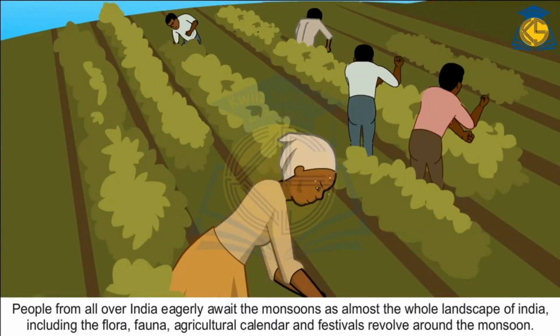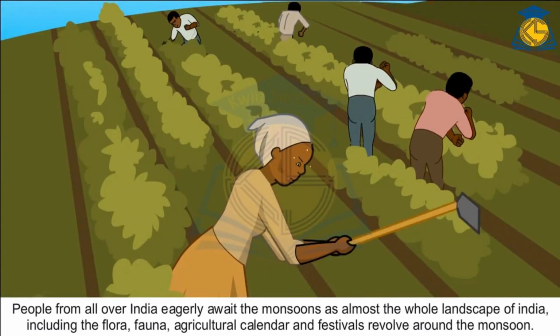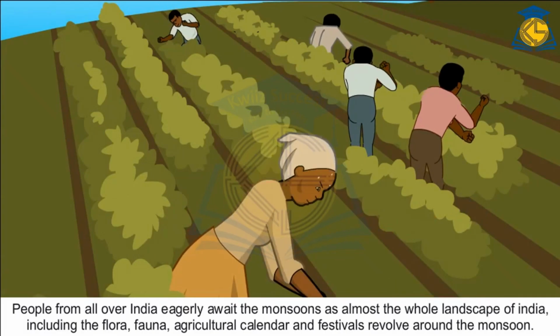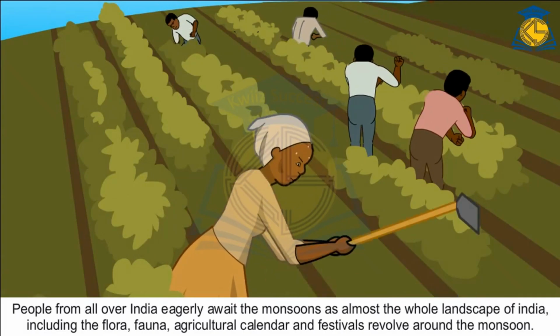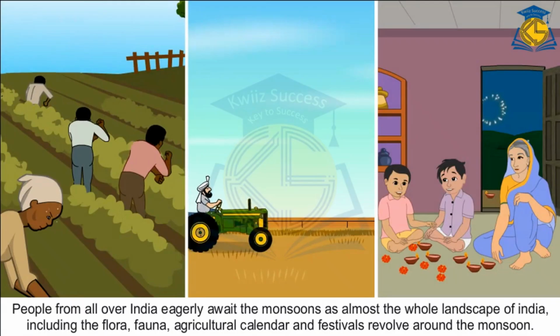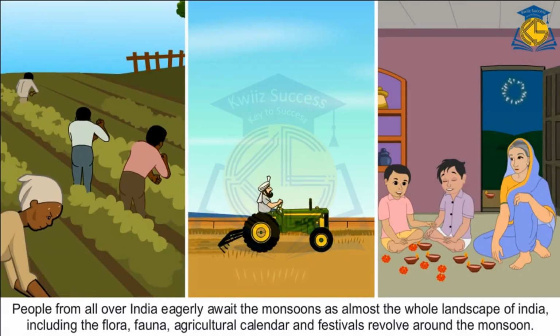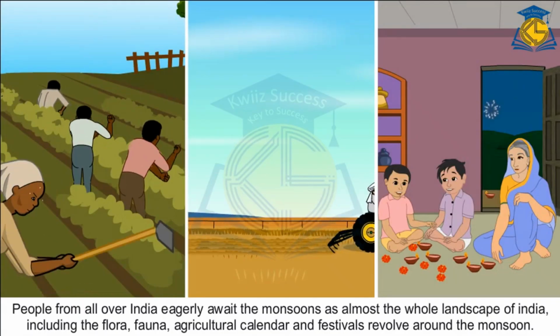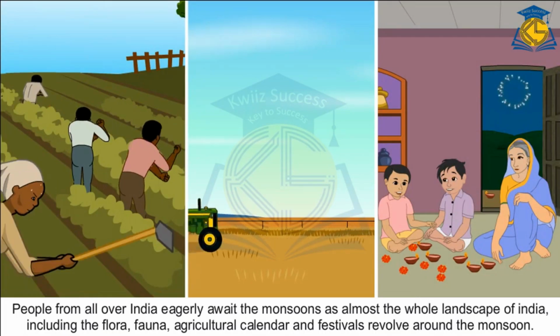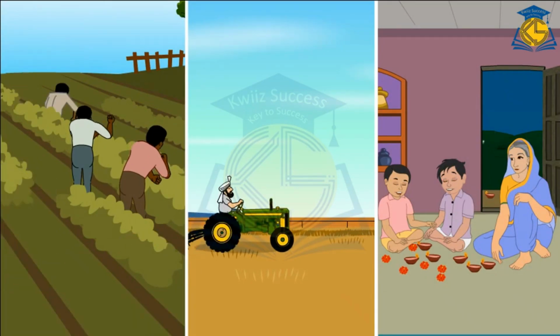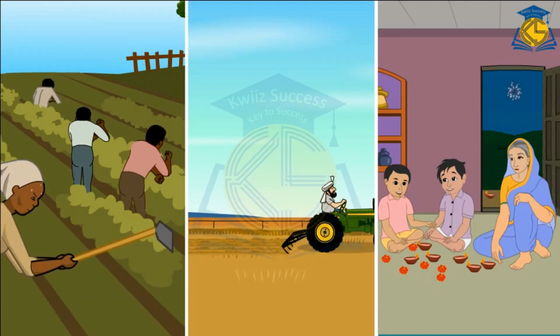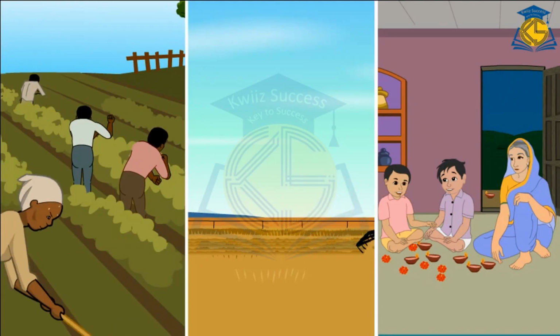People from all over India eagerly await the monsoons, as almost the whole landscape of India, including the flora, fauna, agricultural calendar, and festivals, revolve around the monsoon. It seems to have a unifying effect on the people of India.